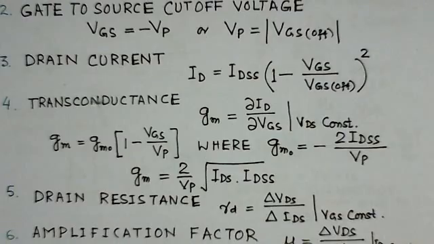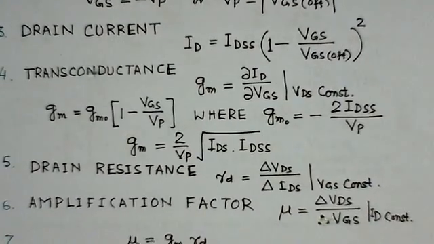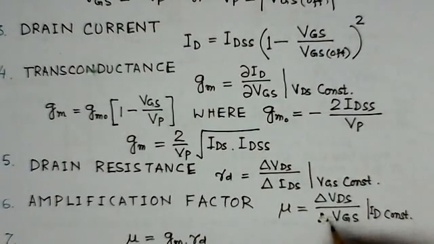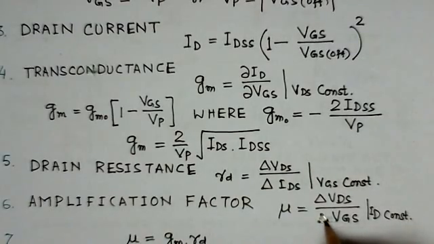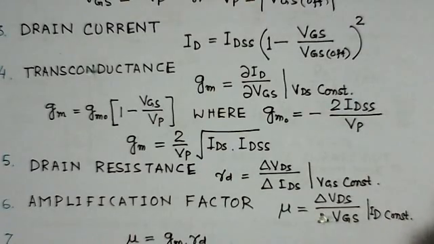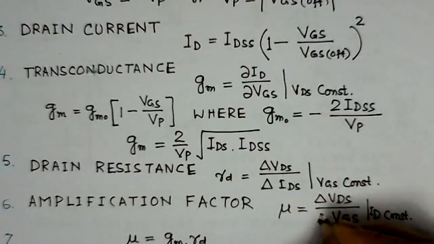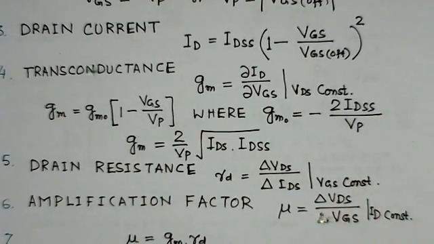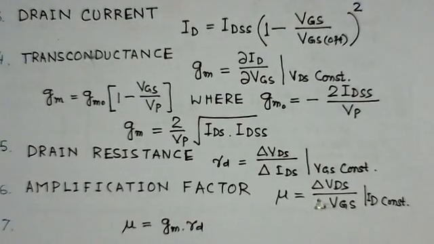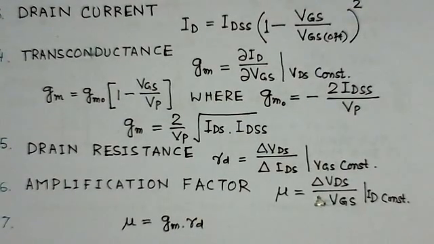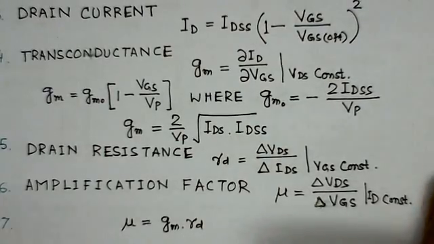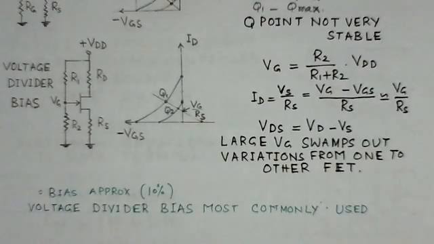Mu is the amplification factor, that is delta VDS over delta VGS, for ID constant. And the last relation here is mu is equal to GM RD. It used to be in the case of vacuum tubes, mu is equal to GM RP. It's a similar relation here as in the vacuum tubes.